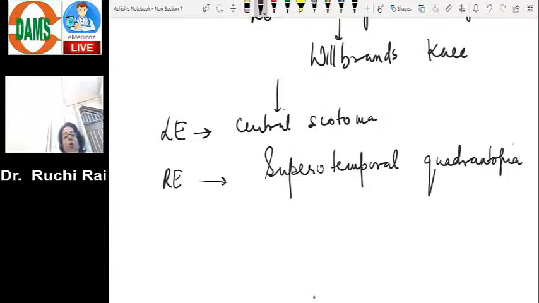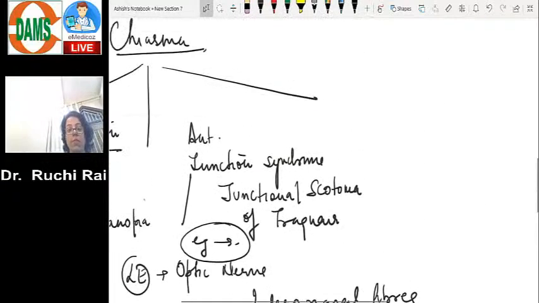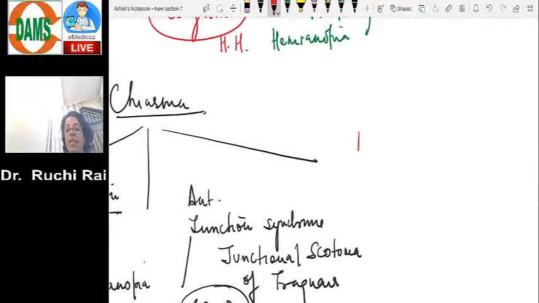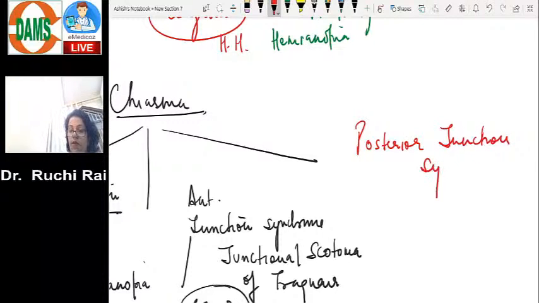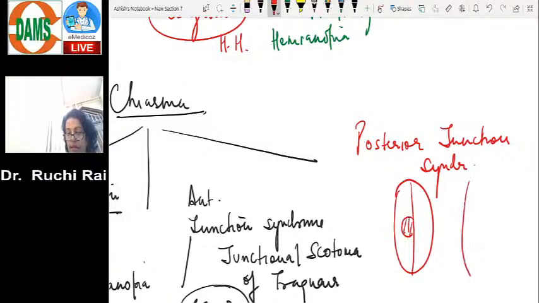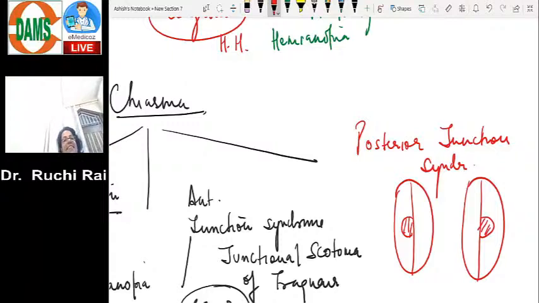Okay? Now we come to posterior junction. These are mainly, I told you, in prefixed chiasma, you can get a posterior. So the posterior part of chiasma, you have to know, is mainly macular fibers. So posterior junction syndrome will involve a heteronymous macular lesion. A macular lesion but not homonymous. So this side macular here and this side here, one left side, one right side.